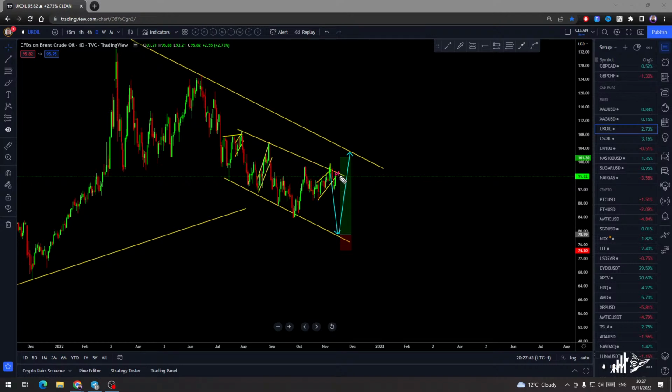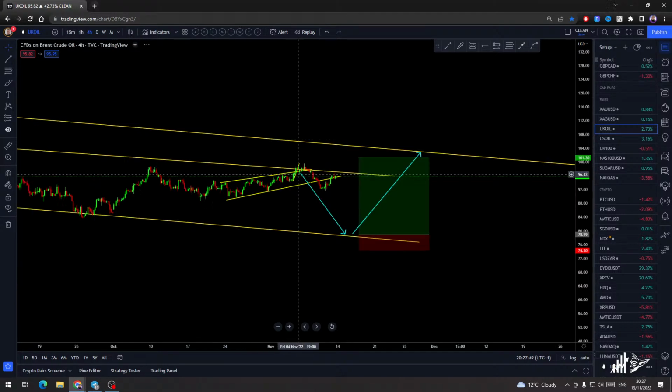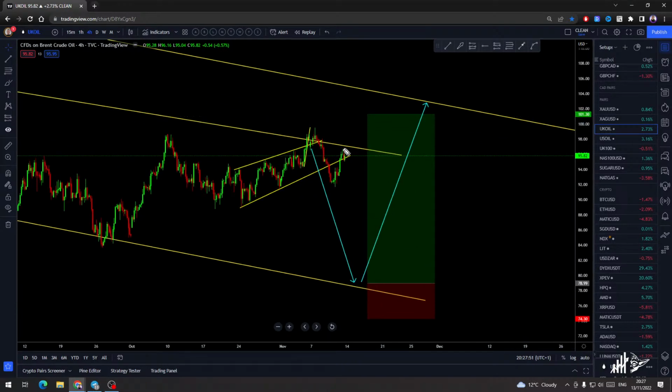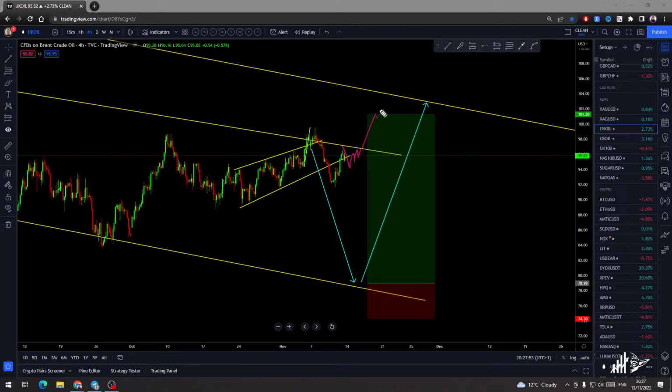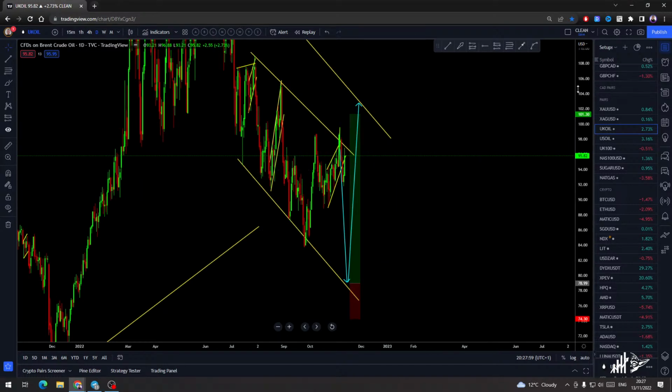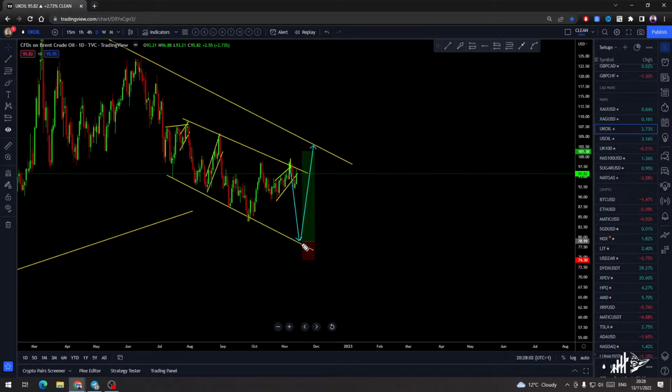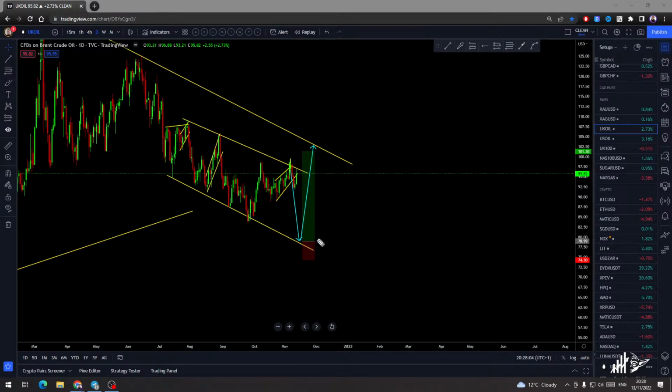So if this corrects over there, you can buy back at this trend line at least. It would be very good if the price comes down all the way back to the trend line. I don't mean exactly buy from there, but start watching for buy flags from this spot, not just buy.